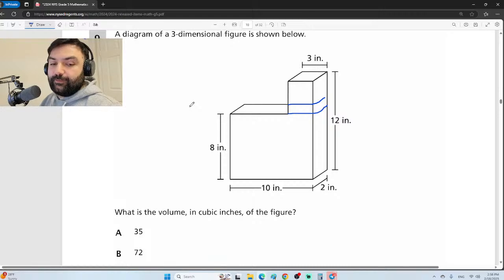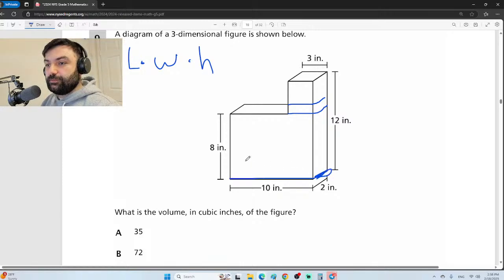But how I call them? I call them just boxes. Just a box shape. How do we find the volume of a box shape? The volume of the box shape is found by volume equals length times width times height. So let's do length times width times height of the bigger box, which is going to be 10 times 2 times 8. Okay?